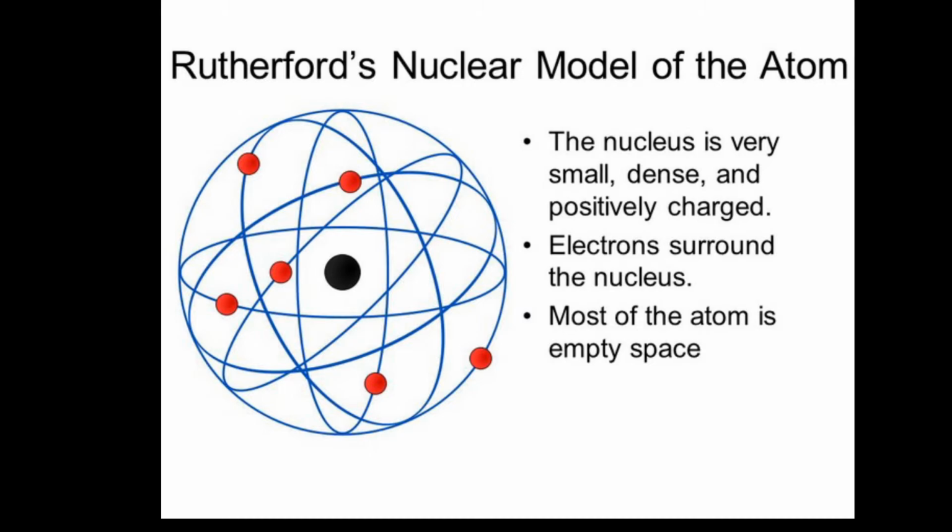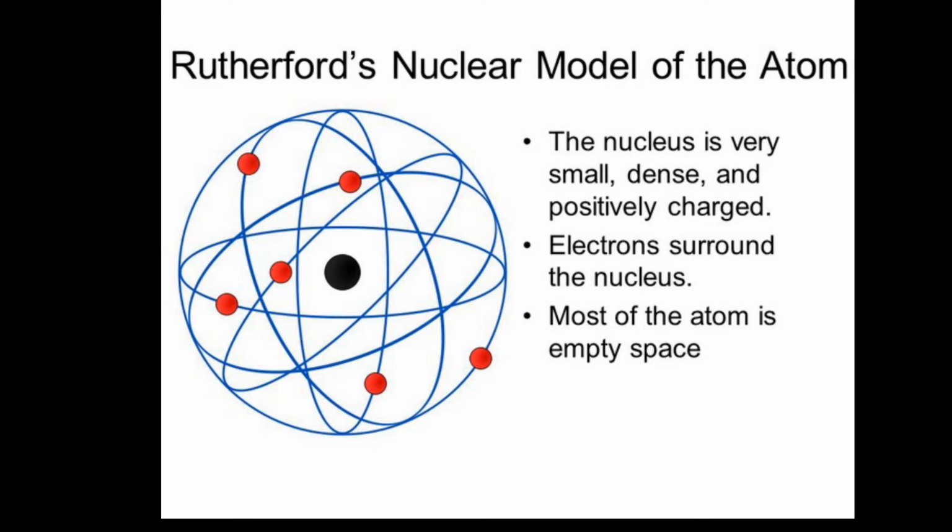Now we need to see the result. First, most of the alpha particles pass straight through, so many go in a straight line. Next, a few of the alpha particles are deflected through a large angle. When they come close, they are deflected. Last, a very few alpha particles bounce back. So these are the three situations.